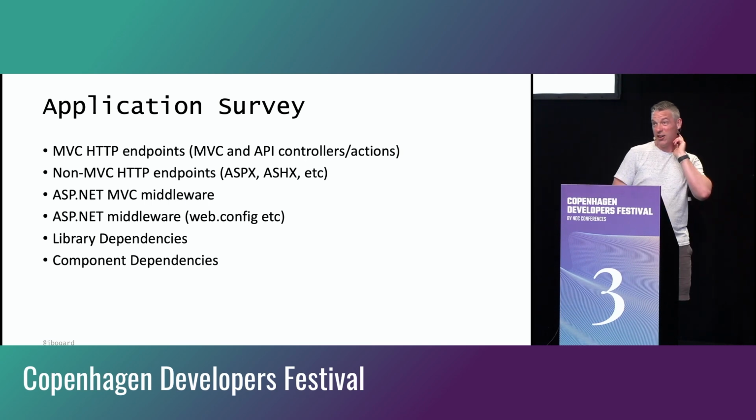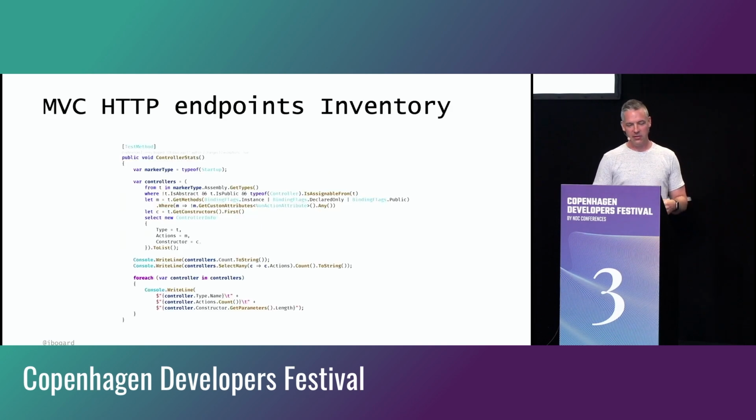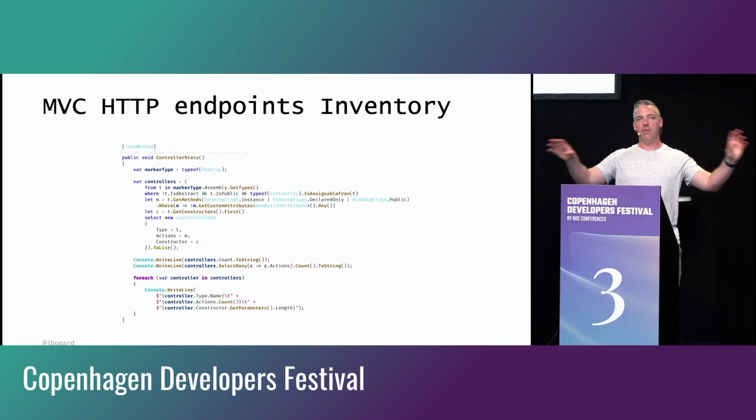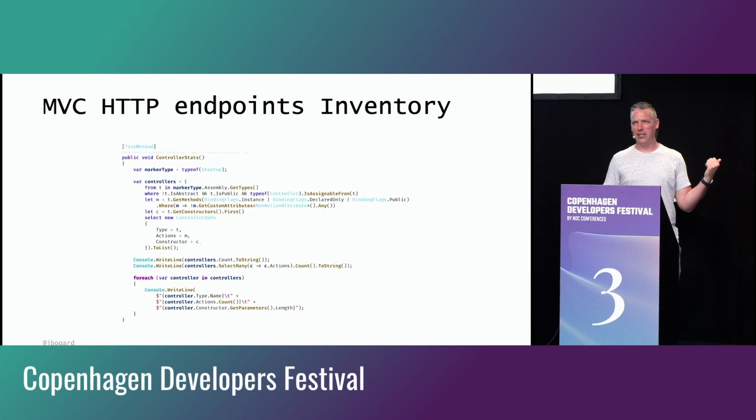So in order to get an understanding of what was in this application, one of the things we did was just some stupid reflection code that said, okay, just go look at the directory structure, go look at the type metadata, and just spit out, here are all the HTTP endpoints. Because there isn't really anything built into the old version of ASP.NET that can tell you, here are all the endpoints in your application.